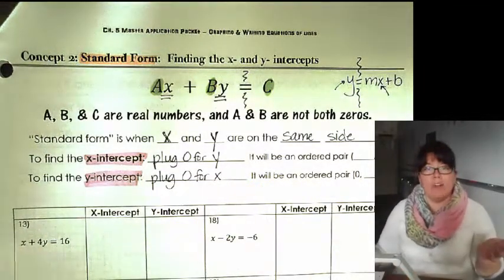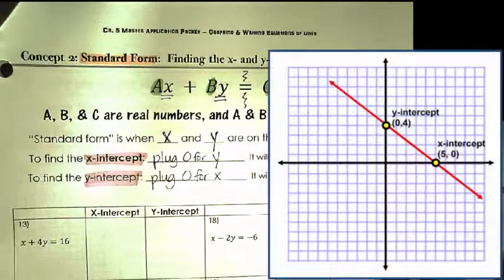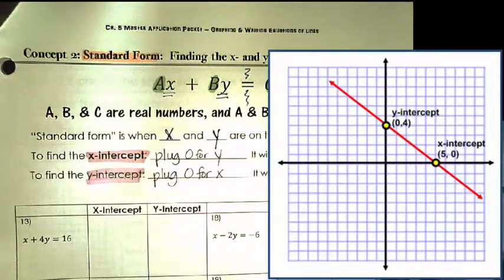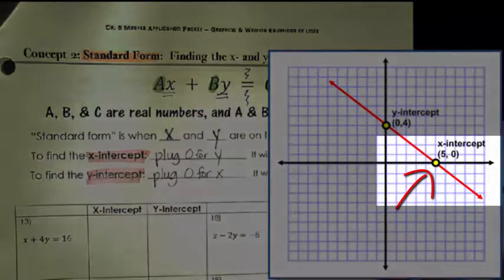Why does that work? Well, take a look at this graph. You can see that the line crosses the x-axis here, and it crosses the y-axis here. And for both of those coordinate points, there is a 0. On the x-intercept, the 0 is in the y place, and there's a number in the x place. That tells us that at this number on the x-axis, the line will touch.